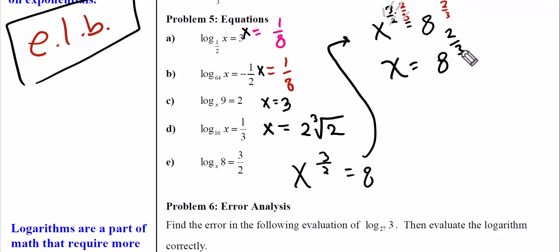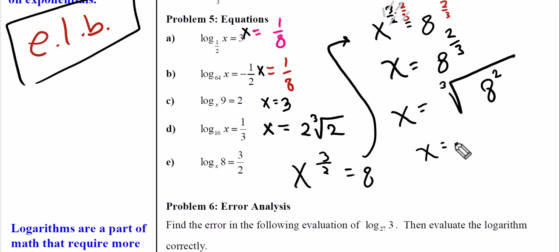Now, what does the 2/3 mean? It means that if I do this, the 3 goes on the outside, the 2 goes on the inside. Cube root of 64. Well, 4 times 4 is 16 times 4 is 64. So 4 times 4 times 4 is 64.